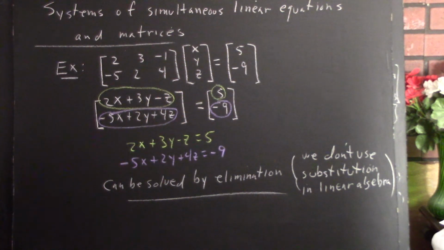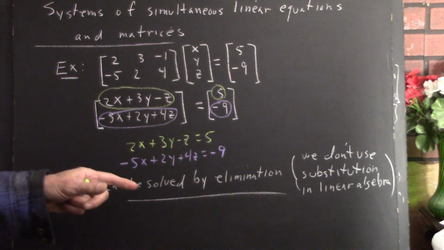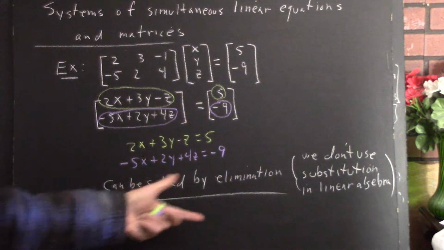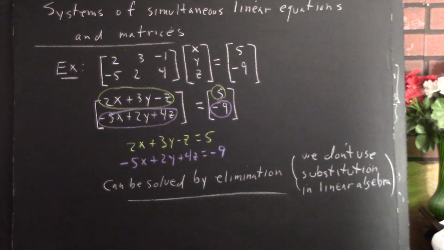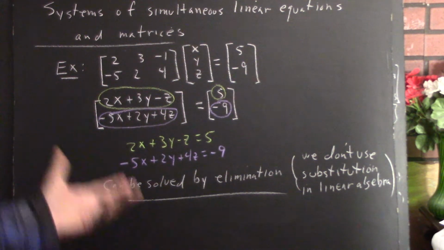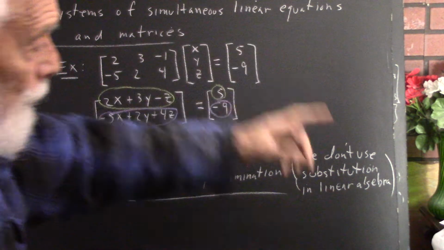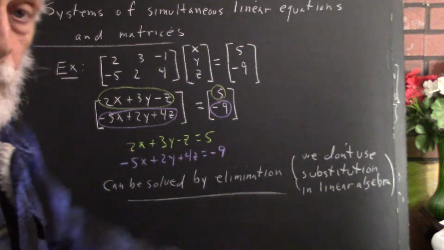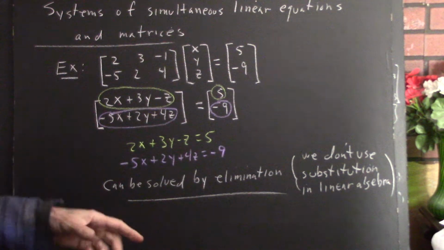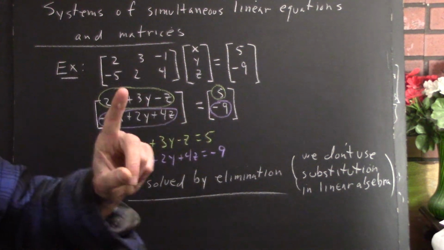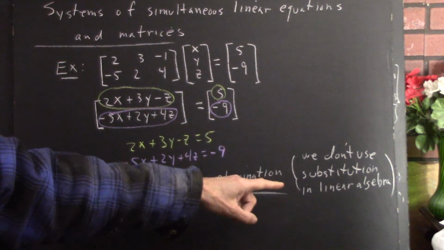It's unnecessary because the equations are linear. Now if I had a square on the x or a square root on the z, then we'd be in a different ballpark and we would be stuck with substitution. But in linear algebra, everything is linear. All the powers are 1, and we don't need it, and we don't use it.